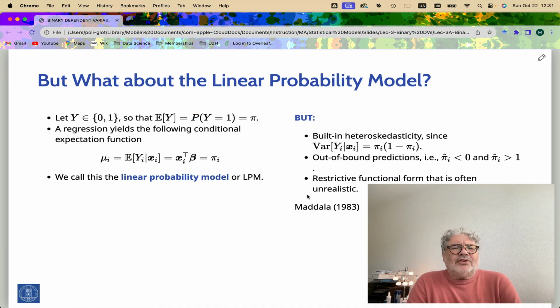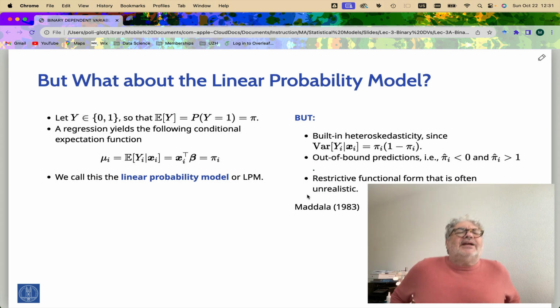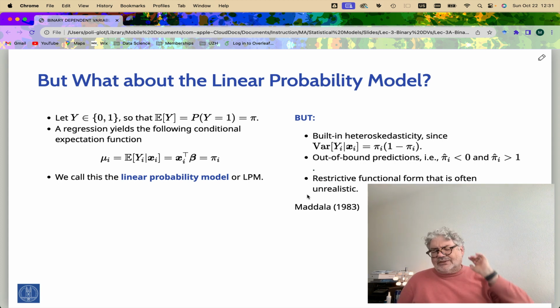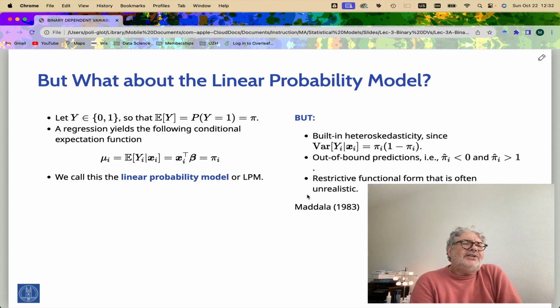Now, you may have heard of people using a linear probability model. That is one of those models that effectively ends up modeling a probability. Because if y is a binary dependent variable, say with values 0 and 1, then mathematically the expectation of y is equal to the probability that y equals 1, and we could say that is equal to the probability pi.